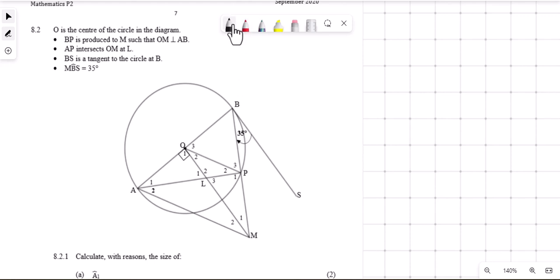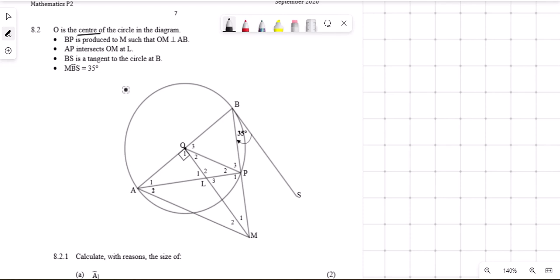Okay, some hint here. When they say O is the center of the circle, they don't talk about tangent. It only means that we need to take note of theorem 1, 2, 3. Theorem 1: a line from the center perpendicular to the chord bisects the chord.